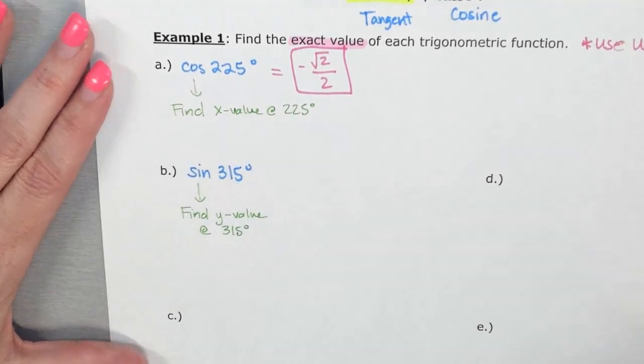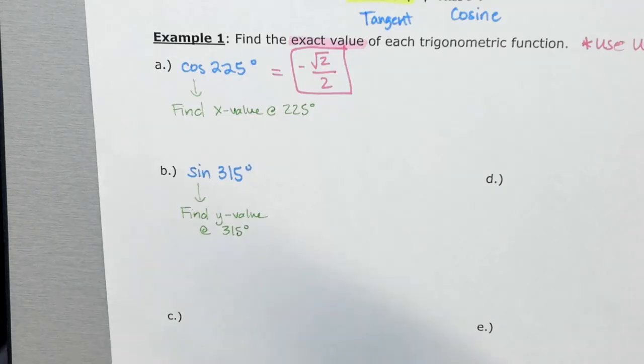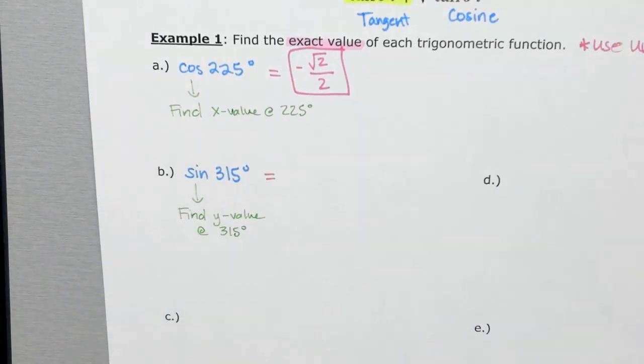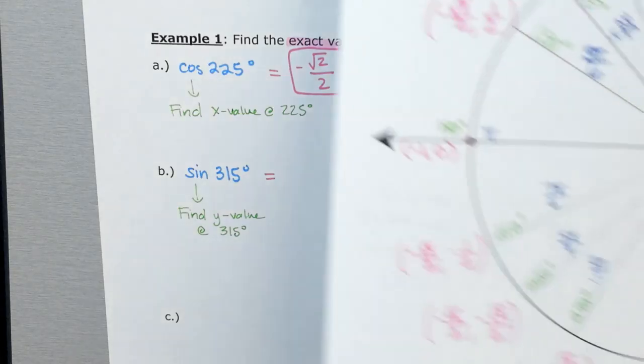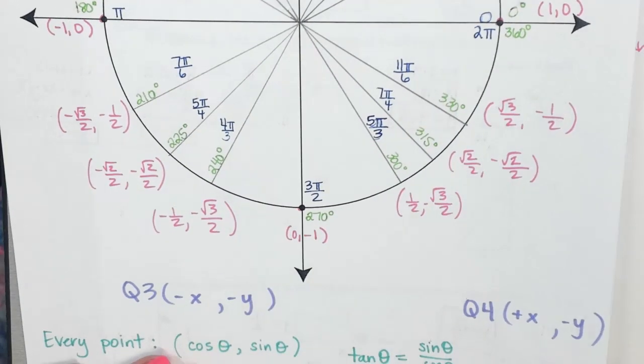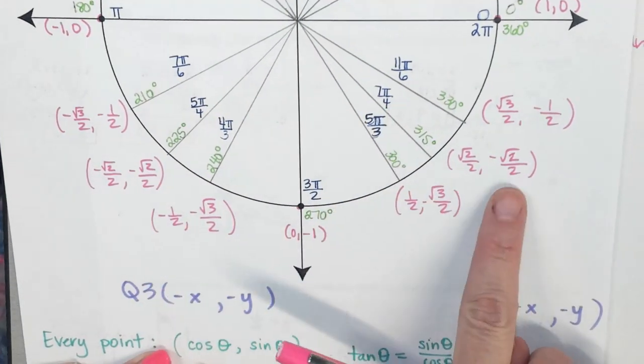I want you to find that on your unit circle and write it down. All right, so what is your y value at 315? Yep, negative root 2 over 2.